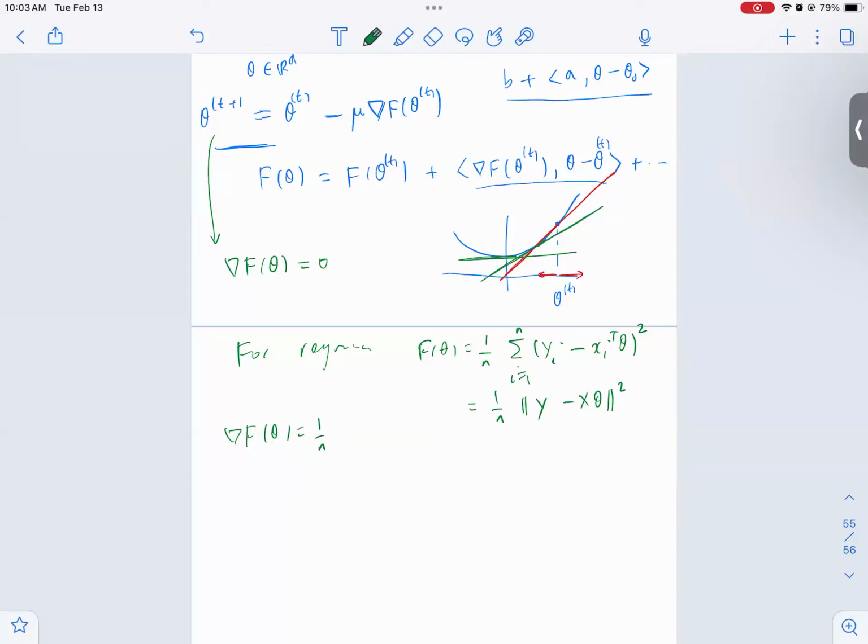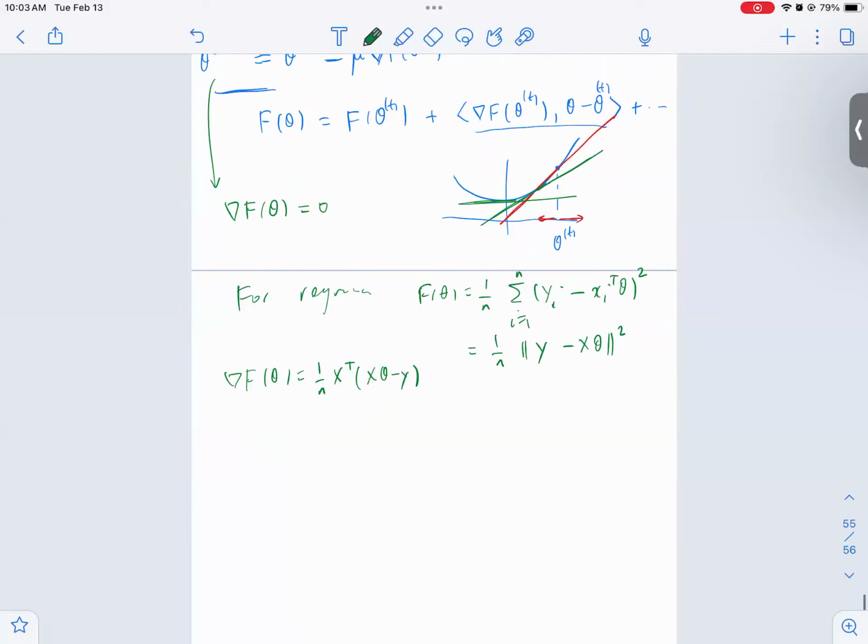The gradient would be 1 over n X transpose (X theta minus y). My gradient descent would be theta t plus 1 equals theta t minus mu times X transpose (X theta t minus y), something like that. So you get a very simple update, and this actually solves the normal equations.